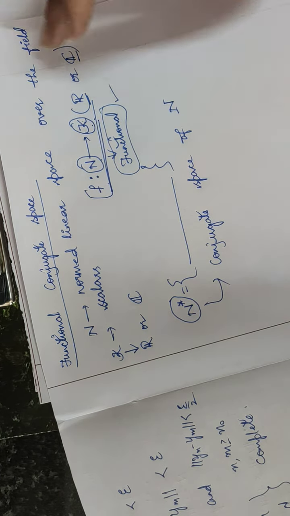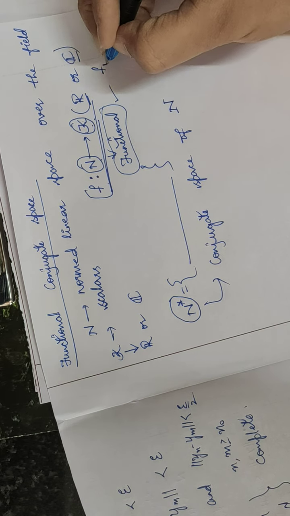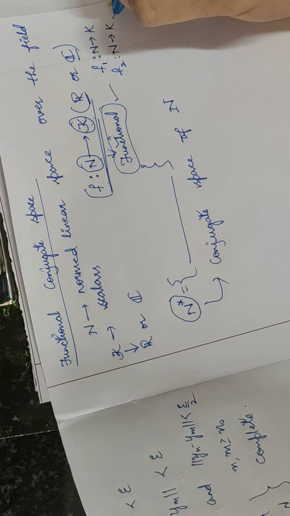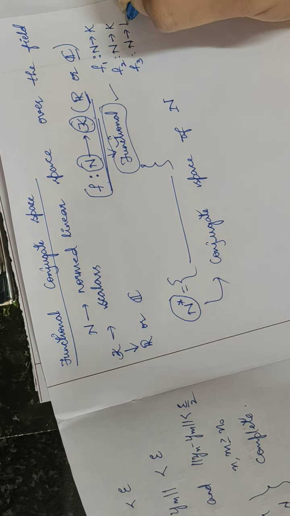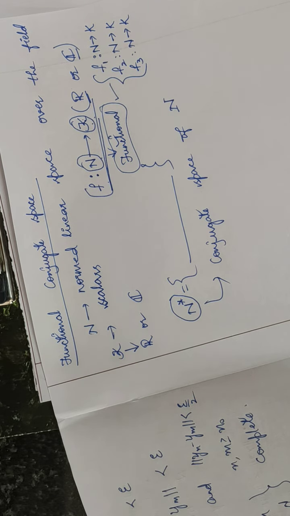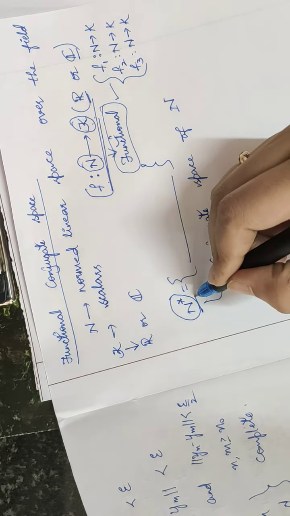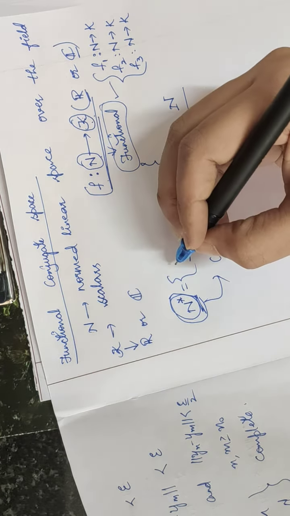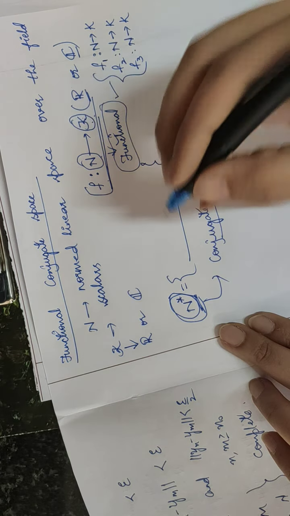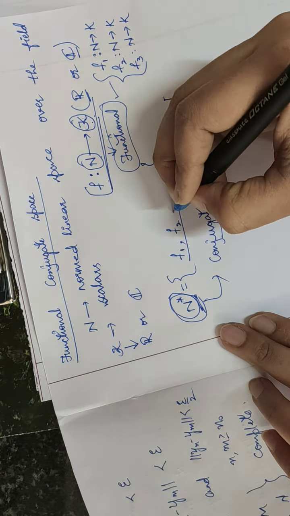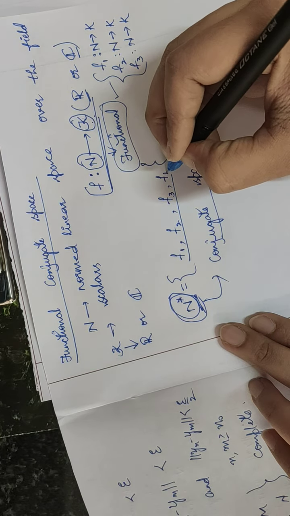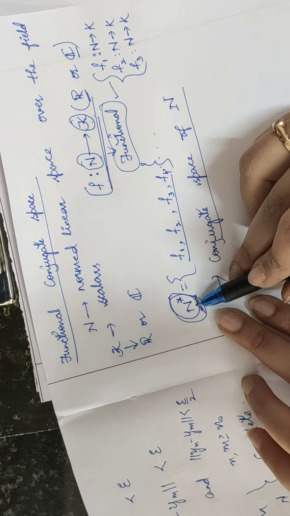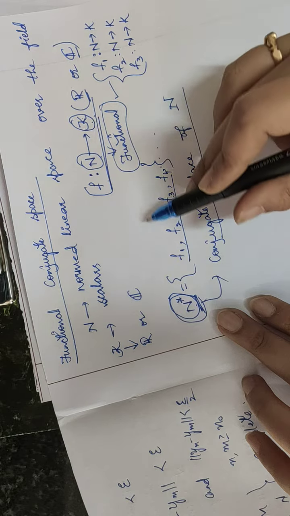The set of all such functionals, F1 from N to K, F2 from N to K, F3 from N to K, we will denote as N star, and this N star is called the conjugate space of N. So N star is a space which consists of all functionals.